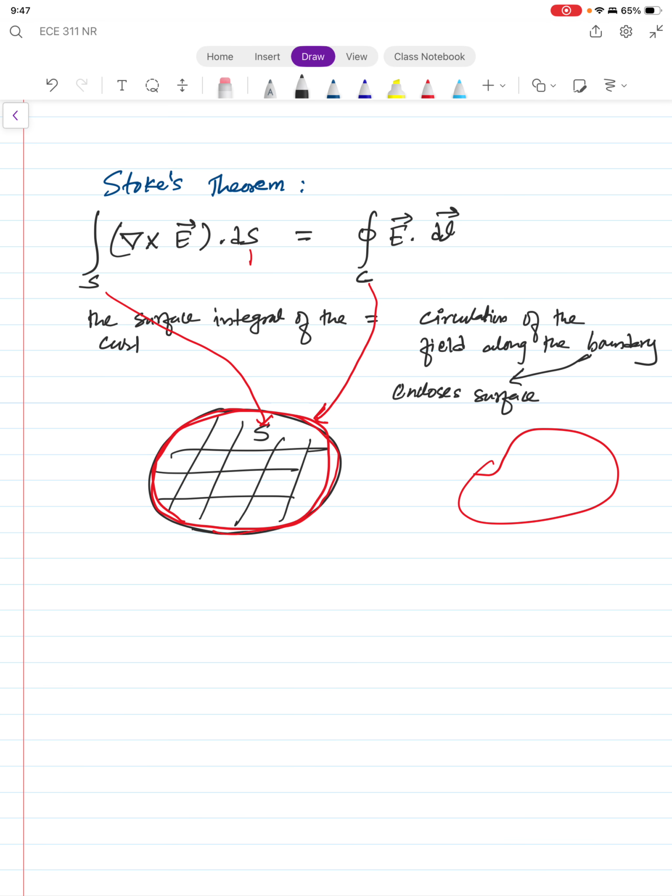And similar to the divergence theorem, let's work on a problem for Stokes' theorem.